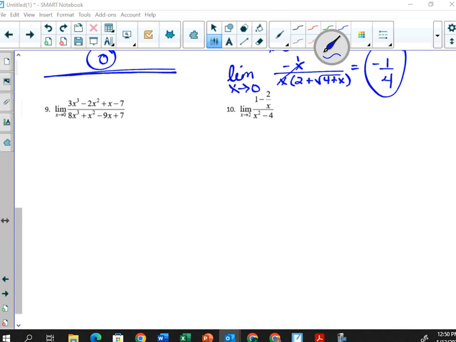Denominator. Make it one fraction. You see it? Did you do them, Julian? We're doing 9 and 10.